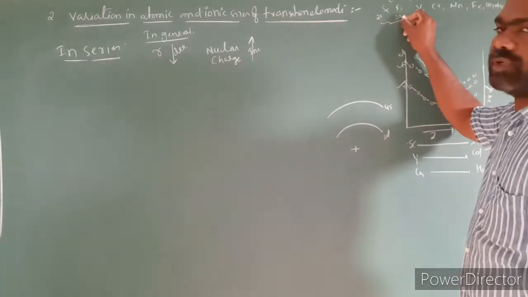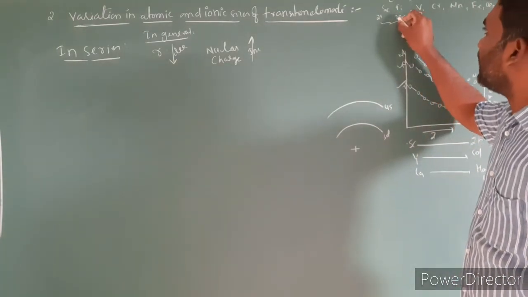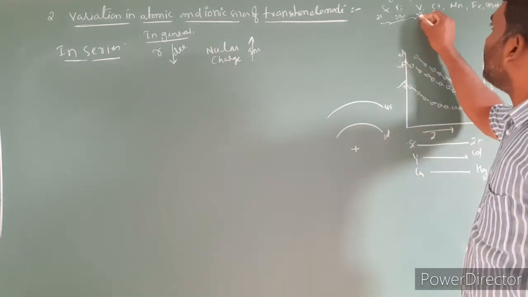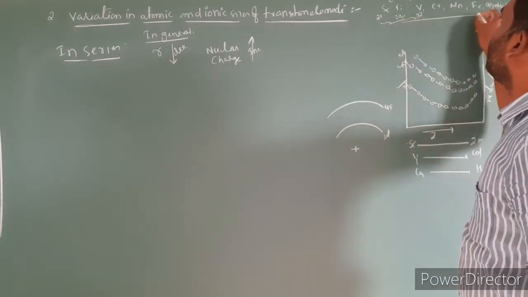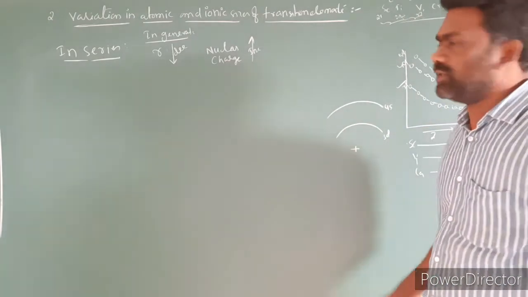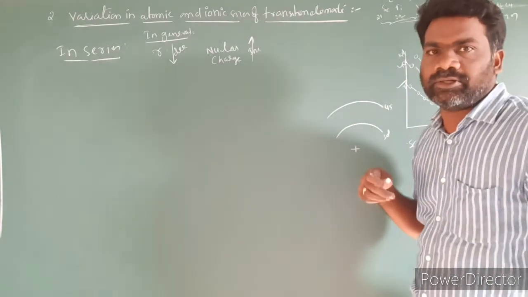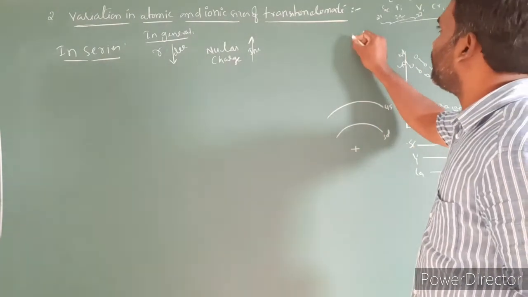Scandium to titanium, one unit of positive charge increases, and titanium to vanadium, again one unit. Vanadium to chromium, in all cases the nuclear charge increases by 1 unit. So from scandium to zinc, from one element to the next, nuclear charge increases by 1 unit. Very important point.